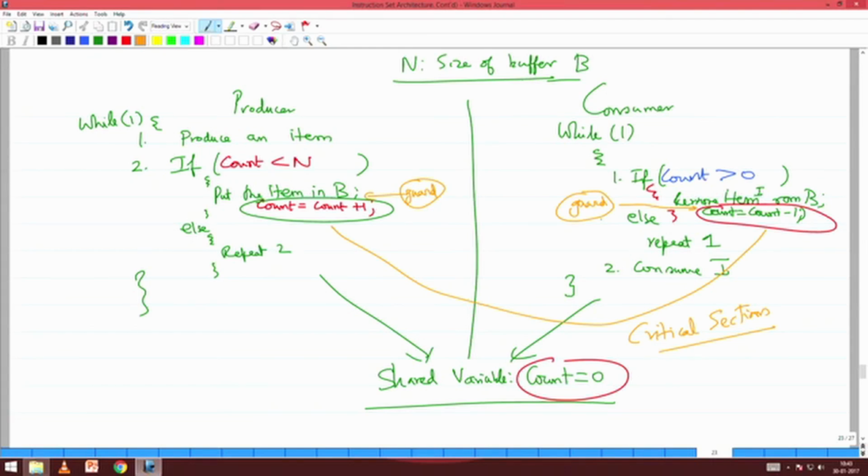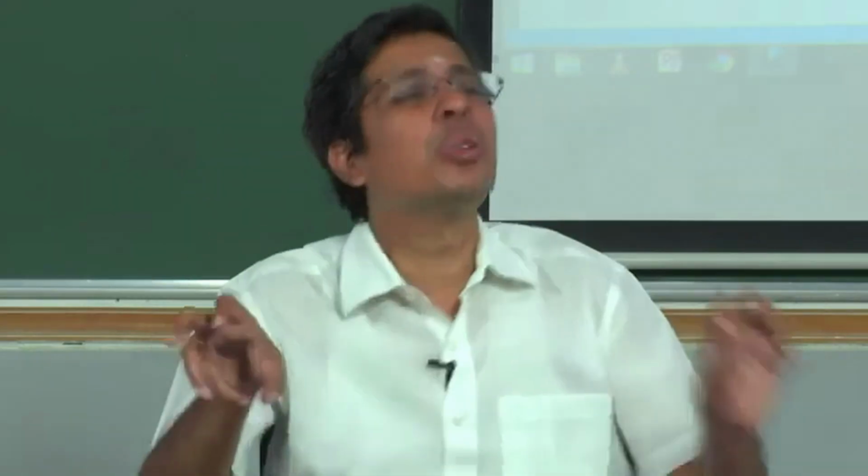Are you able to understand? When one process is executing the critical section, the other process should not execute its critical section. Right? So there should be somebody who is ensuring this.